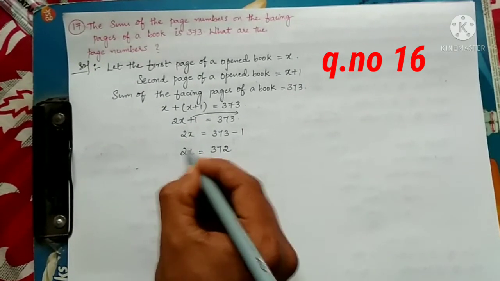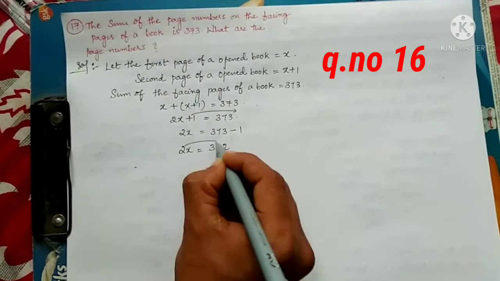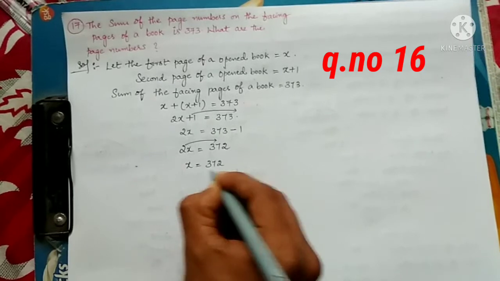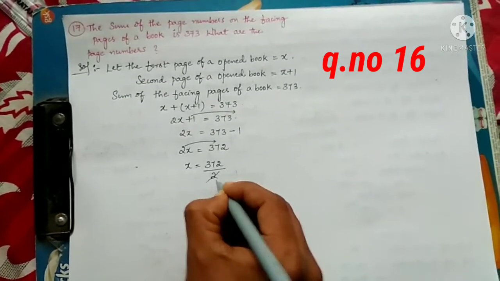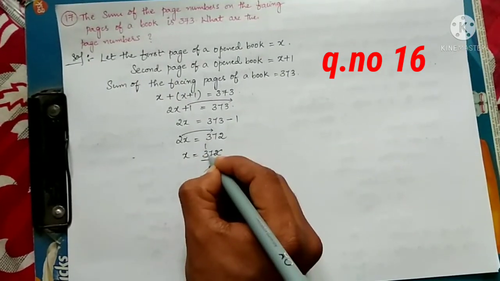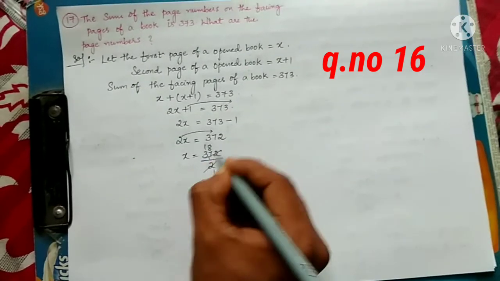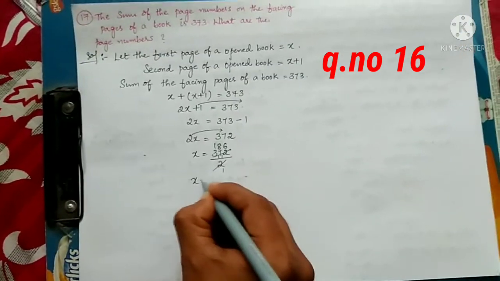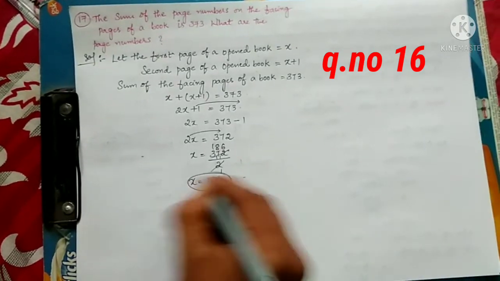Now you can transpose this 2 to the right side, it becomes division. x is equal to 372 by 2. 2 ones are 2, 1 remains, 2 eights are 16, again 1 remains, 2 sixes are 12. x is equal to 186.